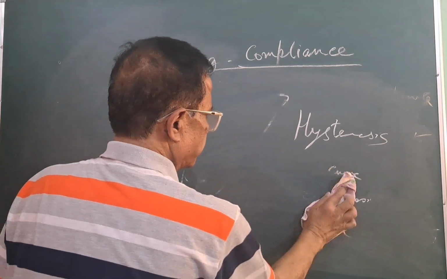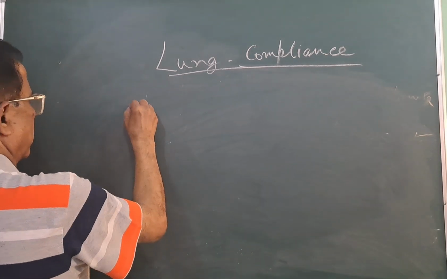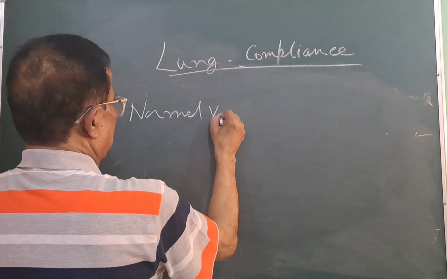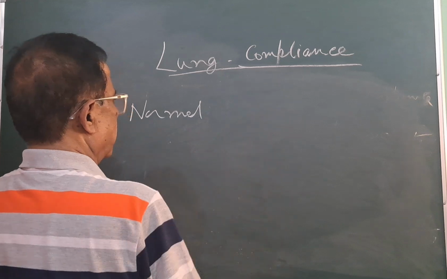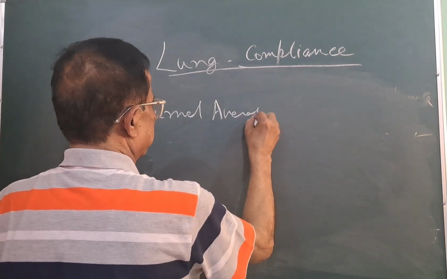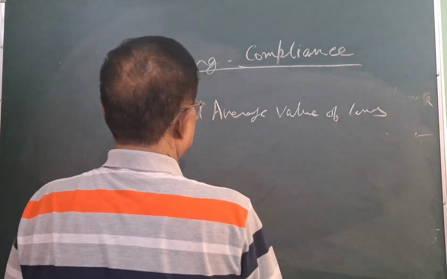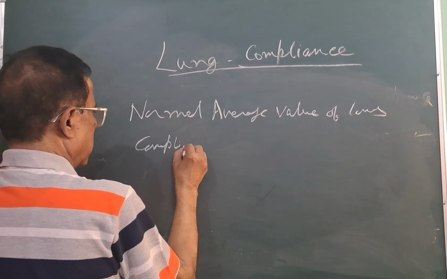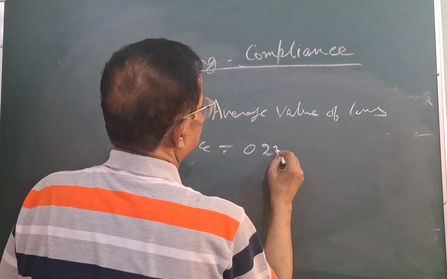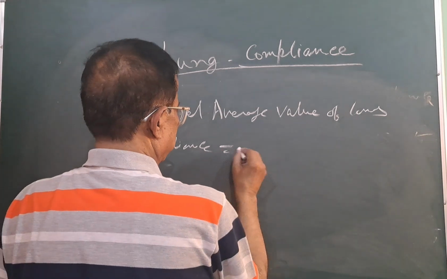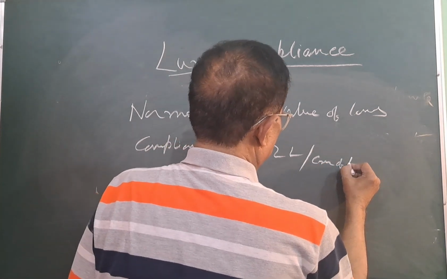Okay, now what is the normal average value of lung compliance? The average value of lung compliance is 0.22 liter per centimeter of water.